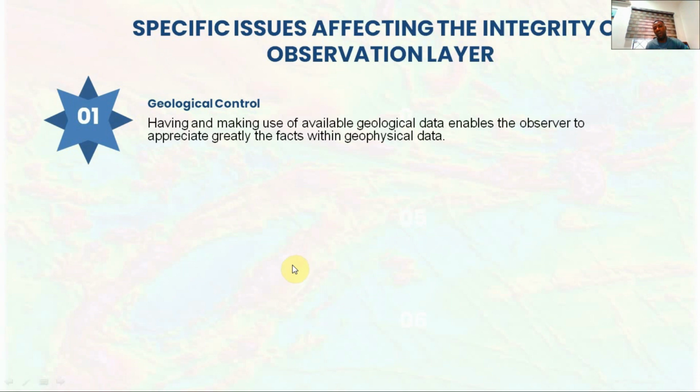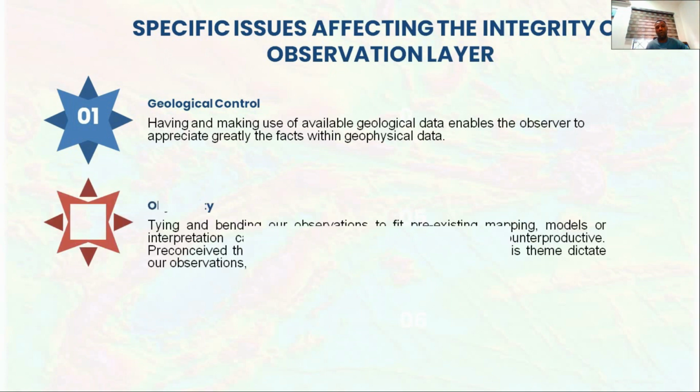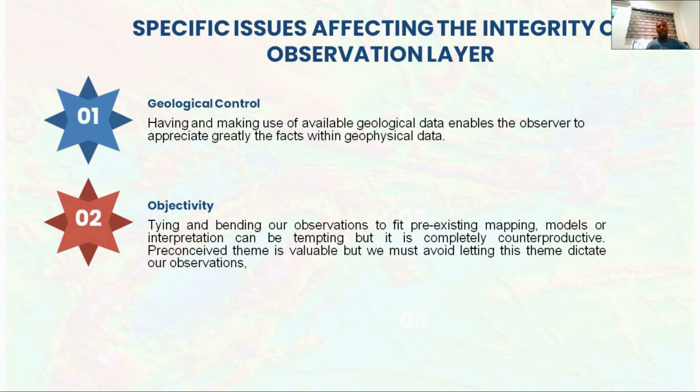Most of the time, there is a school of thought that will say they will interpret to that geological map. They just interpret, and most of what they are interpreting becomes mechanical. But I don't buy into that. I think that for you to make some interpretation, you need to be as objective as possible. The objectivity counts here. Trying to bend whatever you're observing to fit some theoretical perspective or pre-existing mapping or model is not actually the best.